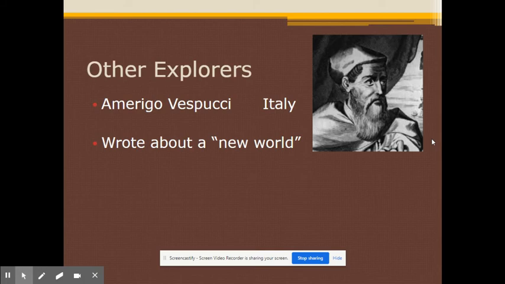Amerigo Vespucci, the namesake of America, notice his first name, began to understand that this was not Asia that Columbus had explored, but was actually new land that had never been mapped before and the people of Europe were mostly unaware of. And he wrote about his map making, he wrote about his trips, and began actually coining the phrase New World. People began to realize there was something new out there to see.